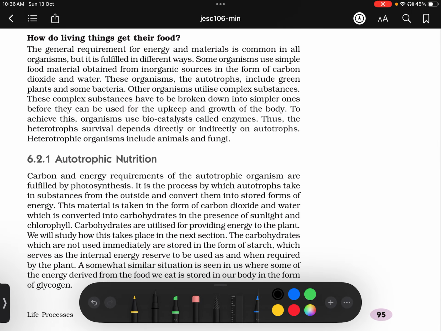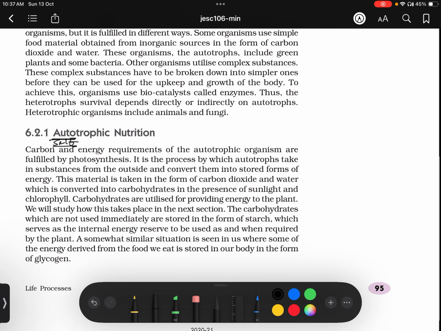What are the autotrophic organisms? Auto. We say this automatic. Automatic means it runs on its own. So auto means self. Atmanirbhar, you can say. These autotrophic organisms produce their requirements on their own.